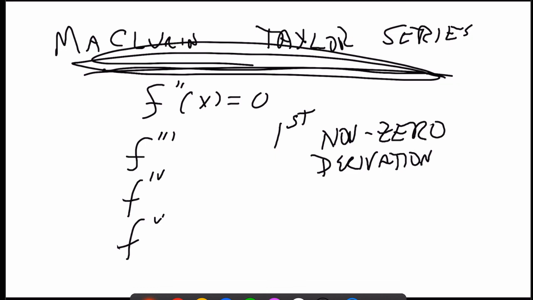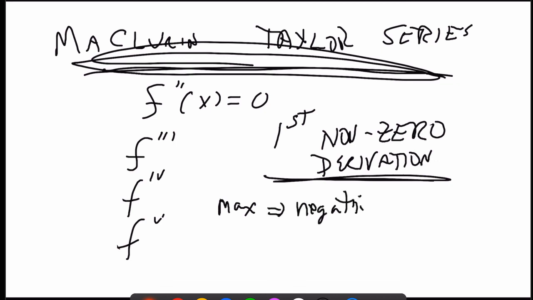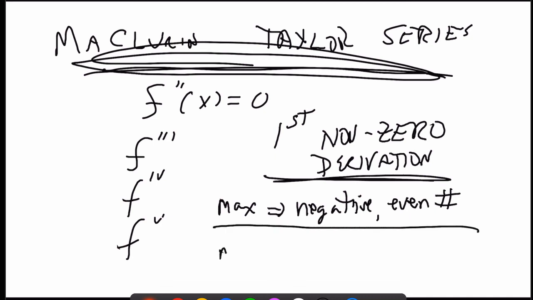Okay? If it's a max, two things are going to be true. For it to be a max, two things are going to be true. It's going to be negative, and it has to be an even number. So 2, 4, 6, 8, 10, 12. I need both of those to be true for it to be a max.